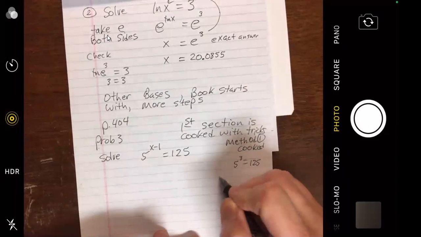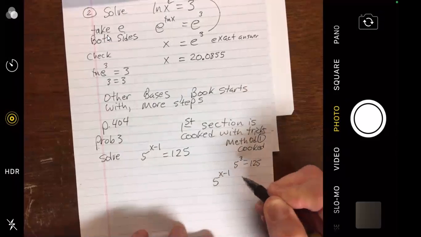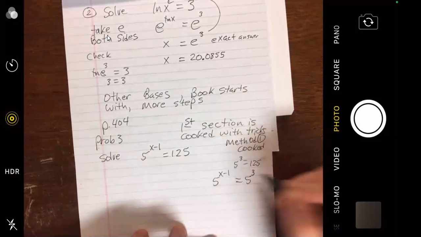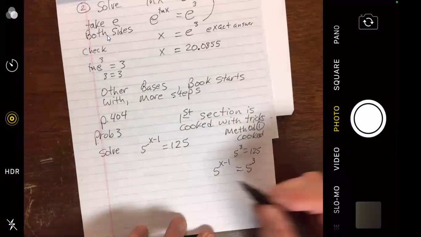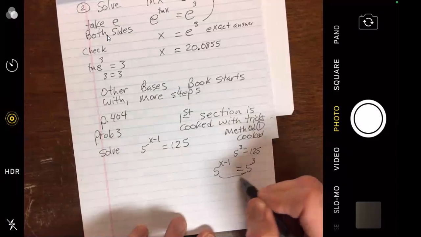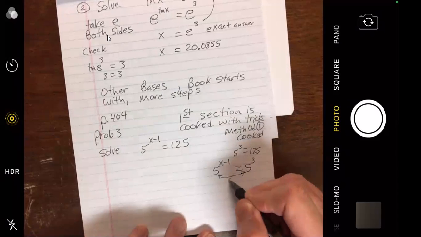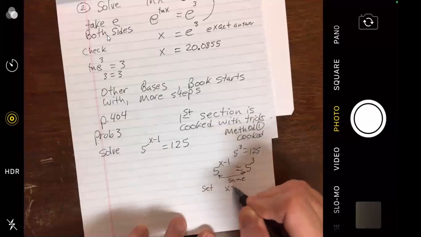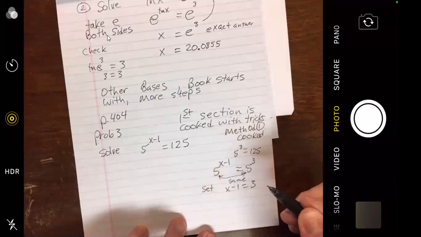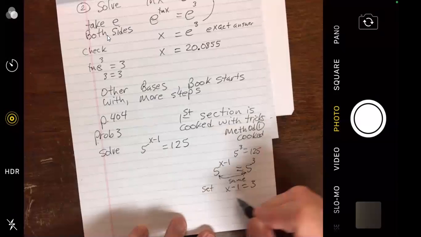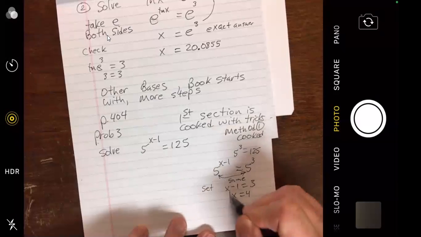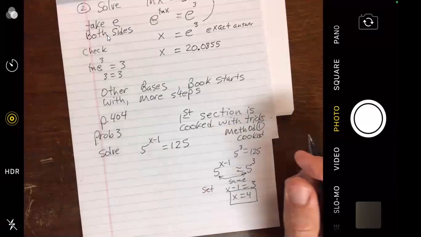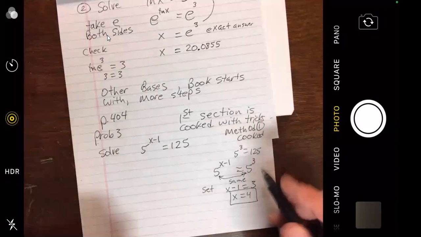So in actuality, you'd have 5 to the x minus 1 equals 5 to the 3rd. See how the 5s are the same? So you can set x minus 1 equal to 3, add 1, and you get x equals 4. Now that's fine. It's pretty quick.